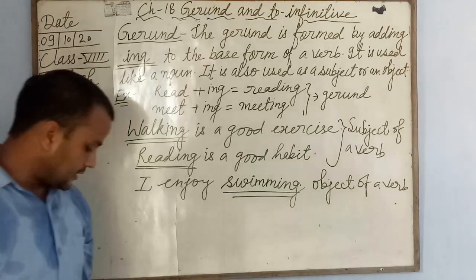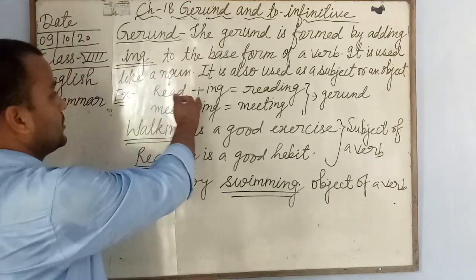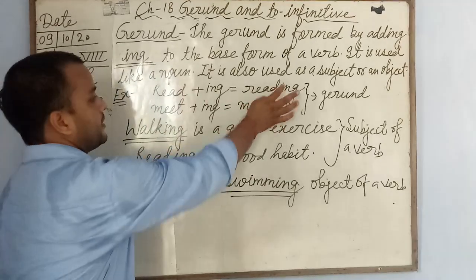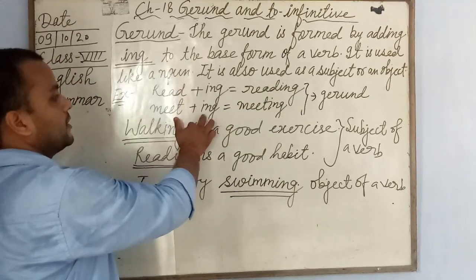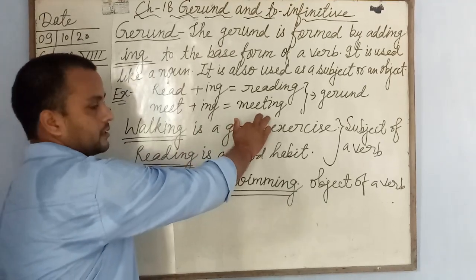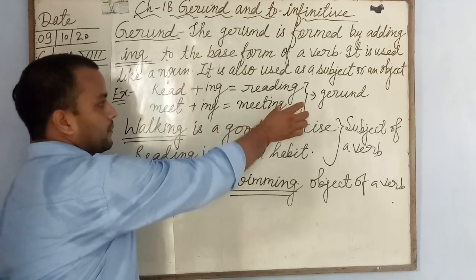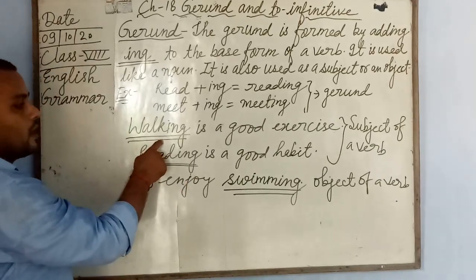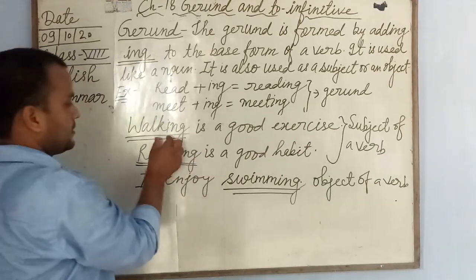Okay, see the example. Read, it is the base form of the verb plus ing, that is reading. Meet plus ing, that is meeting. So these are the examples of gerund. Now see the uses. Walking is a good exercise.